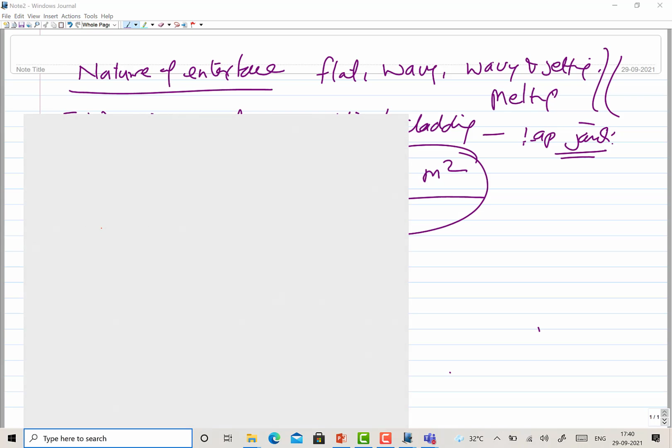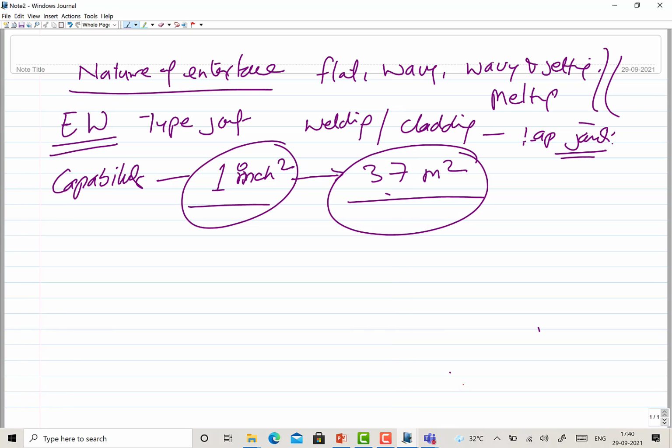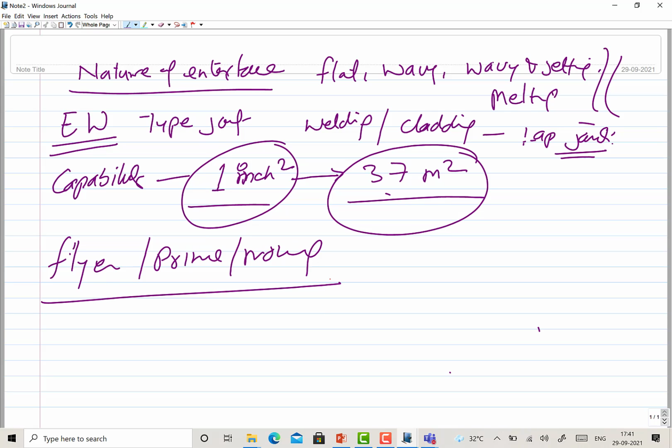And in cladding we use two types. One is the flyer or the prime component, also known as the moving component. The moving component is preferred to be soft, ductile, and of low yield strength. It is good if it is so.